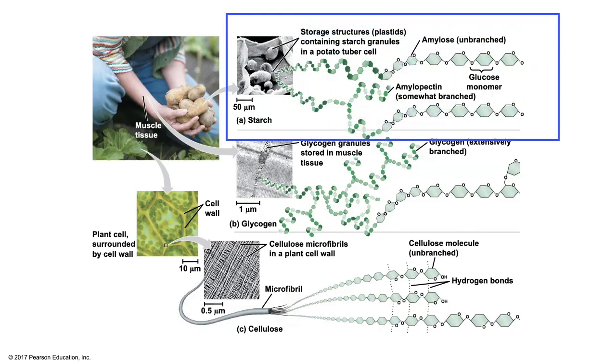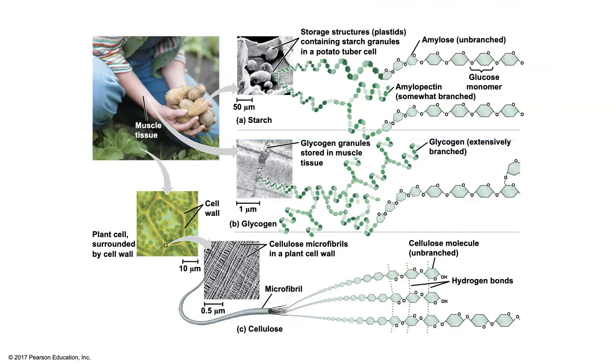In image A, we see the structure of starch. Notice those glucose monomers are shown as green hexagons. Each one of those is a glucose monomer. The glucose monomers are either attached in a linear formation or they're branched. The simplest form of starch is called amylose.